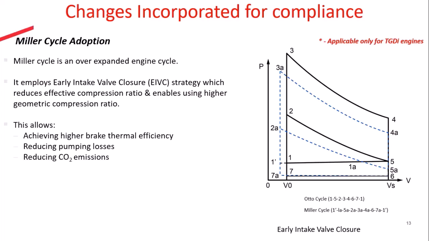What we see in the Miller cycle is that we are closing the intake valve early. The strategy reduces the effective compression ratio, and we have a higher geometric compression ratio.